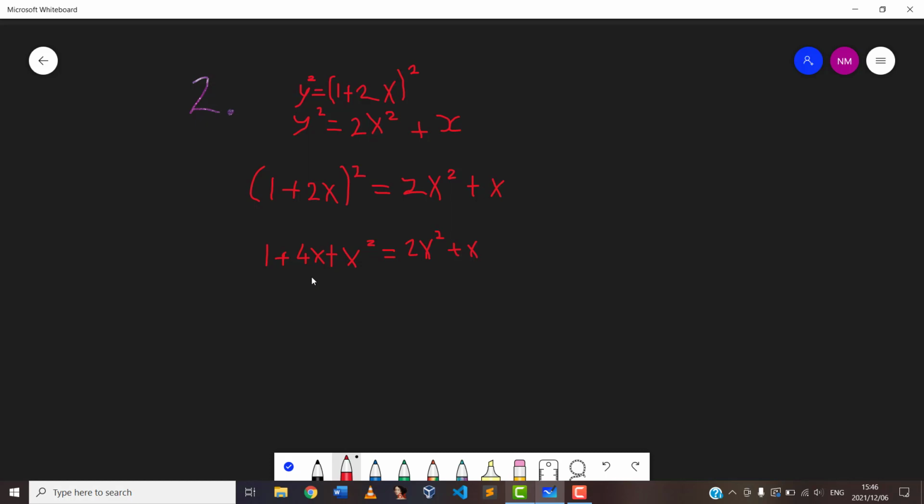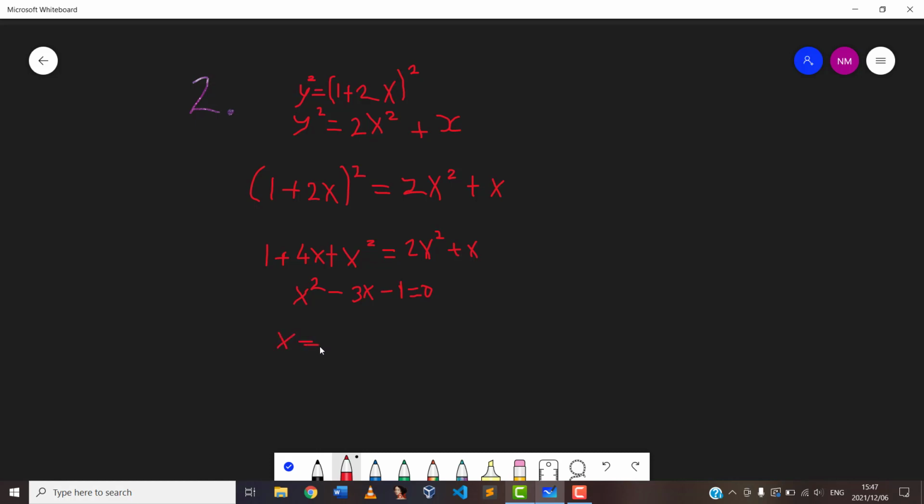And now let's gather like terms on one side. So x squared minus, that's untidy, x squared minus 3x minus 1 equals 0. And now you just solve for x.